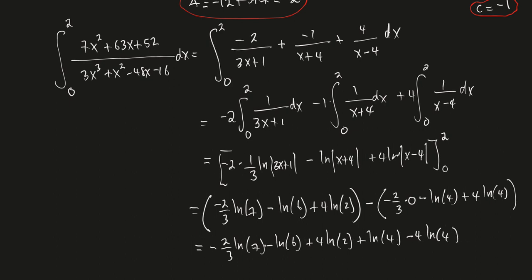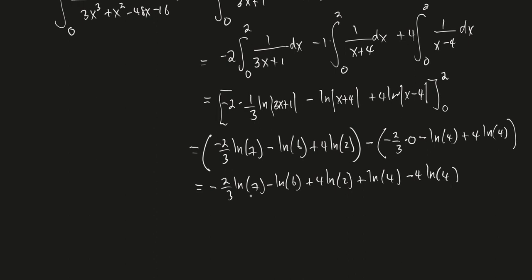So we could apply properties of logarithms to combine this into one log. If you want to see what that's like, this is what it looks like. So you'd have the ln of 7 to the negative 2/3 power, and then you'll have plus the ln of 6 to the negative 1 power, bringing up that negative 1.